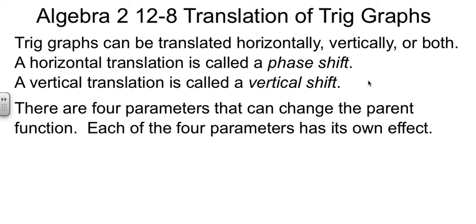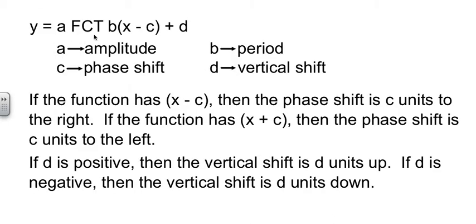Now there are four, the technical math term is parameters. There are four parameters that can change what our parent function looks like. And each one makes its own effect. So I have here your basic trig function.